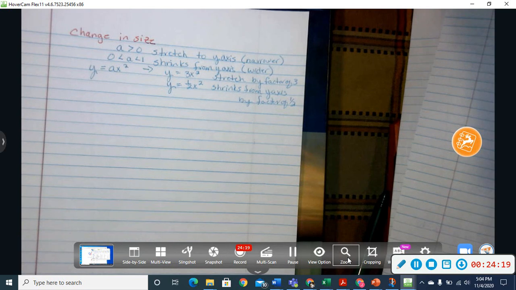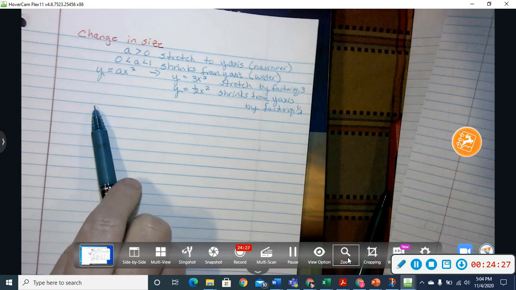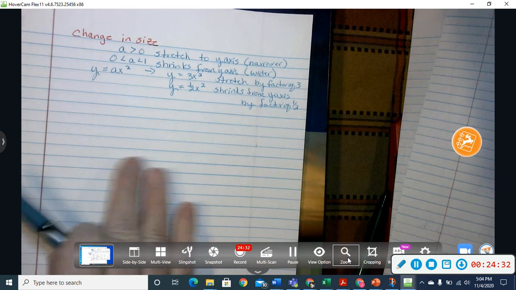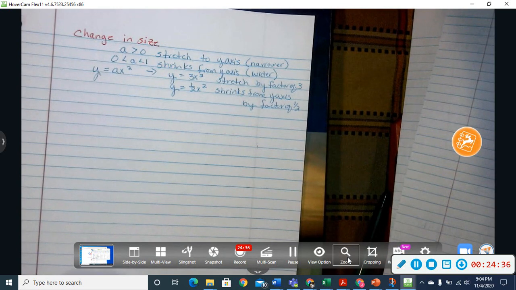So the value of the coefficient determines whether it stretches or shrinks. Now we're not going to look at horizontal stretch or shrinks, but if you were going into a more advanced class, you would also look at those horizontal stretch or shrink values.